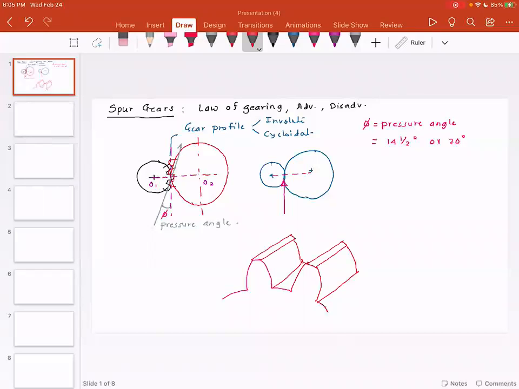So first and foremost, you will have a center at say O1. If you replace the gears in mesh with imaginary circles, the way we have shown here, this is the gear pair, and these are the friction wheels.